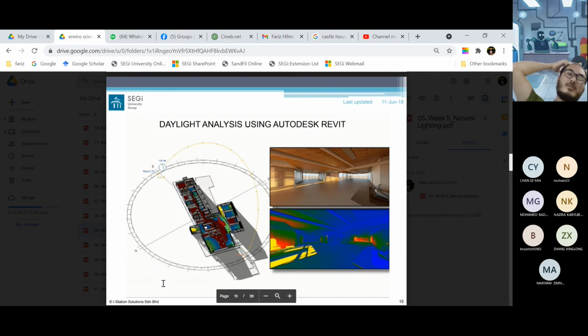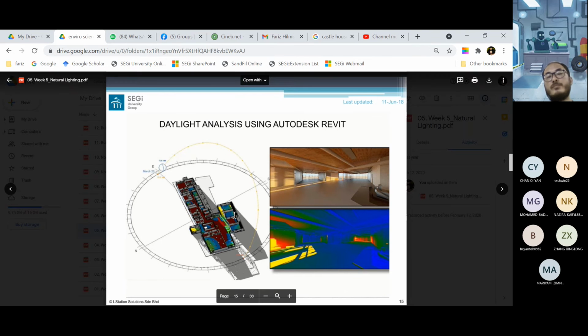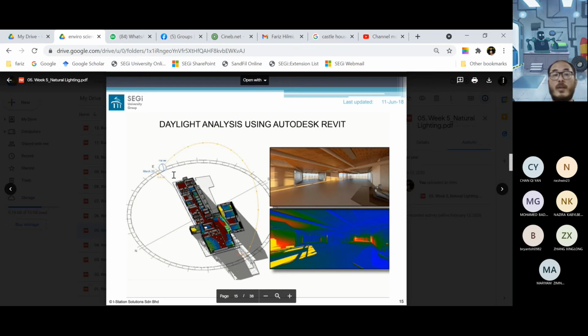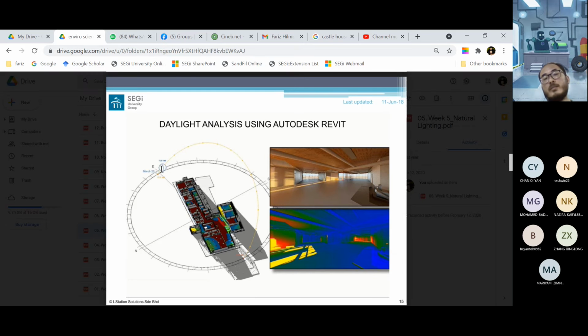Daylight analysis using Autodesk Revit. With analysis like this, you first put your sun based on your solar angle, and then decide what day of the year and what time of the day to show the difference. For example, here it is showing morning, and the building is oriented that way.